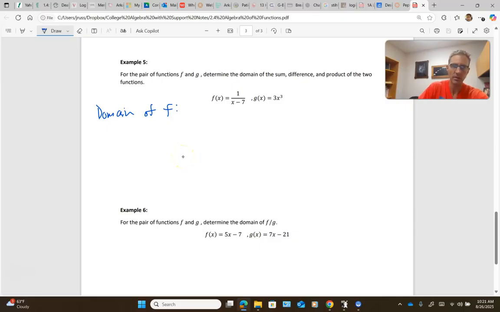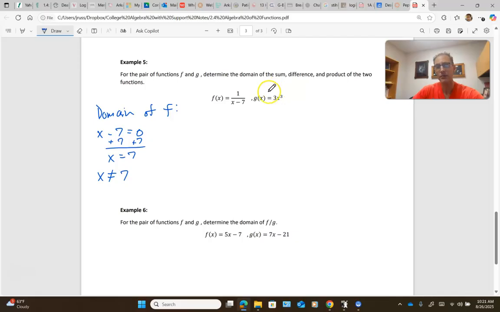So you could say, well, what value of x would make that denominator 0? Well, if you add 7 to both sides, you're going to get x is equal to 7. So in other words, the domain is all real numbers except for 7. So x cannot be equal to 7.